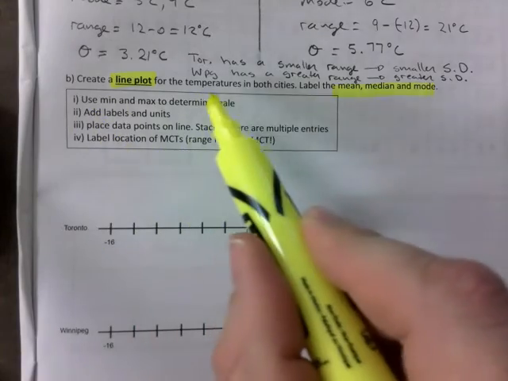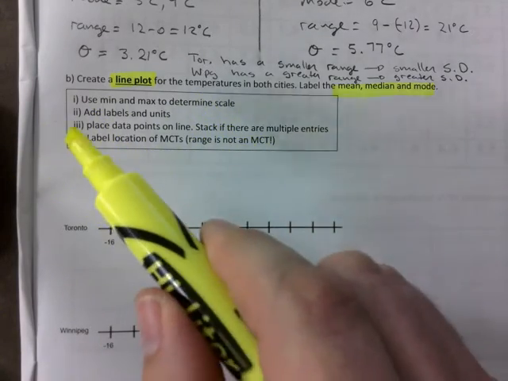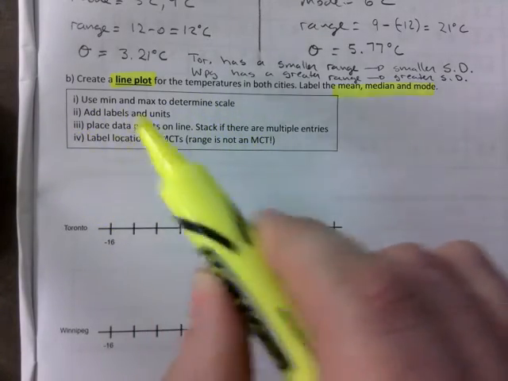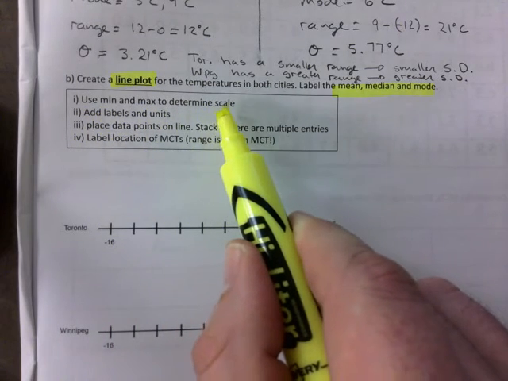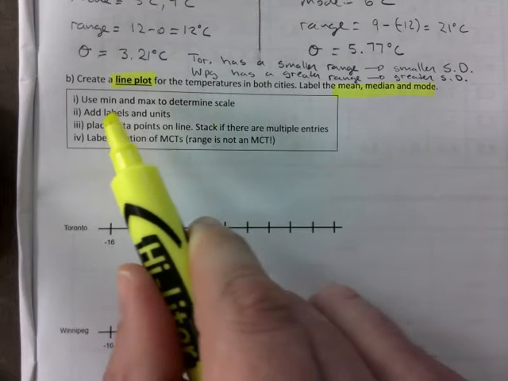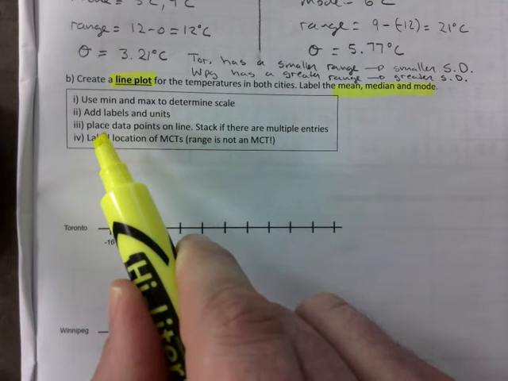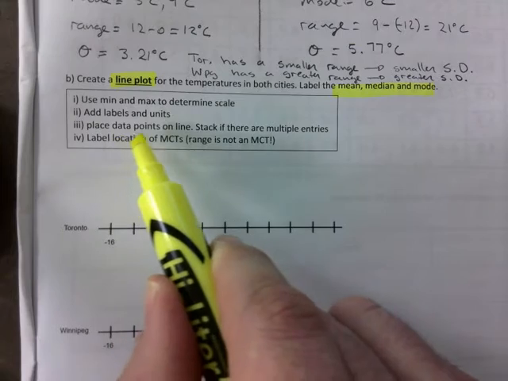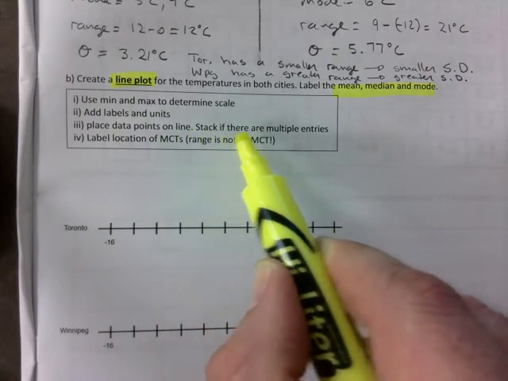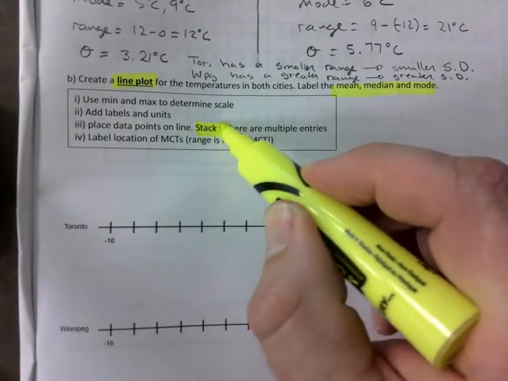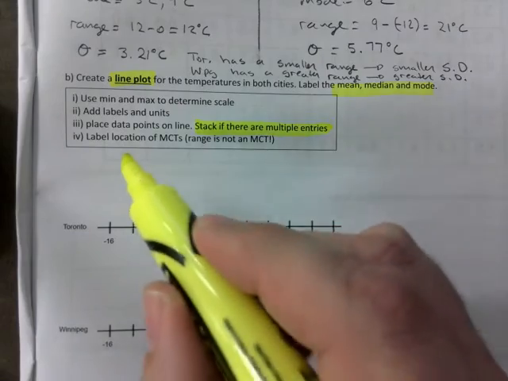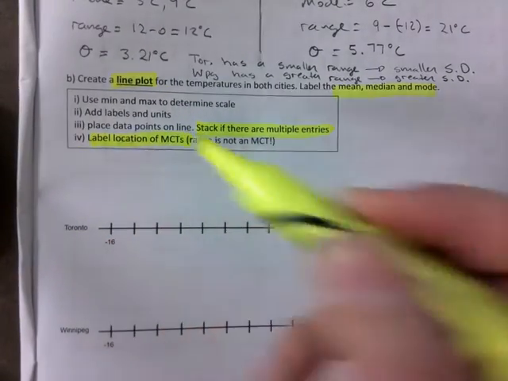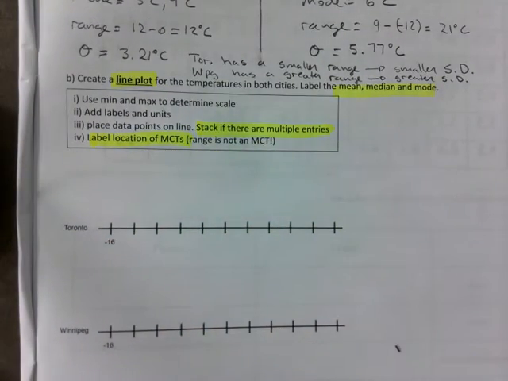I'm going to give you some steps here. I don't think you should have this on your study sheet because it will take up too much room. But I use the min and the max to help me with my scale. I add labels and units. You place the data points on the line. Stack if there are multiple entries. That is probably important. I will show you what I mean by that. And then label the location of MCTs. That is important to me.